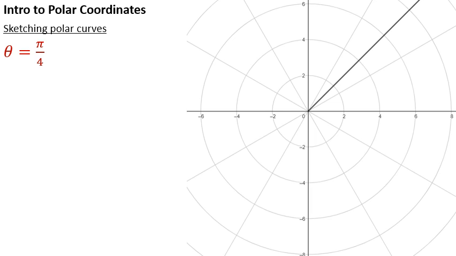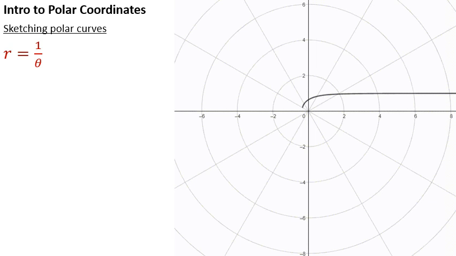In this case, it starts at the origin, and any point which has an argument or an angle from the positive x-axis, or the initial line as we call it, any point that has an angle of pi by 4 is a valid point, and any point that doesn't is not. So if you think about all the points along that line, they satisfy the condition, and any point that isn't along that half line doesn't satisfy the condition.